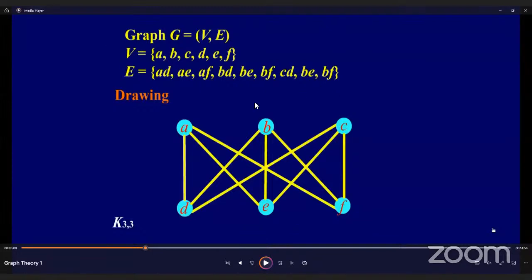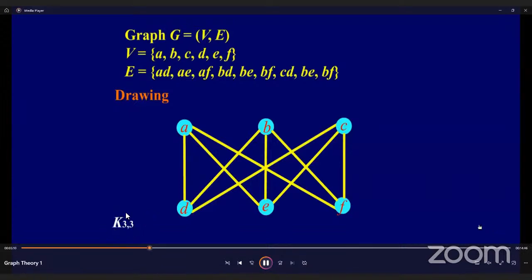The visualization or the drawing of a graph is this. Now, one graph can have more than one drawing. And this one is a spatial graph. It's called K33.